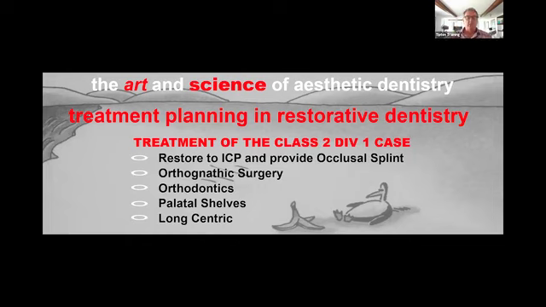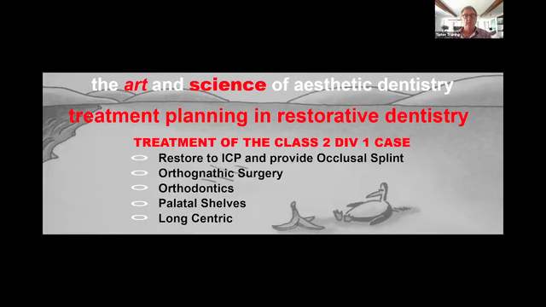And then once we've restored, done our full mouth reconstruction, we do it to our principles of occlusion, but we cannot get a mutually protected occlusion because we have no anterior tooth contact. We're not working to RAP, we're working to ICP. We've got no anterior guidance on our anterior teeth.